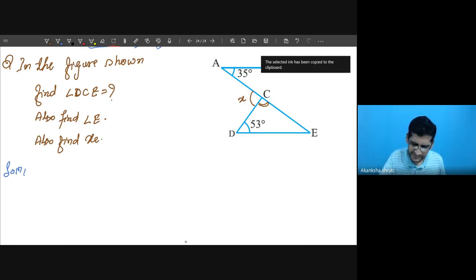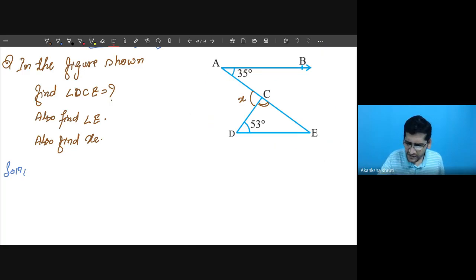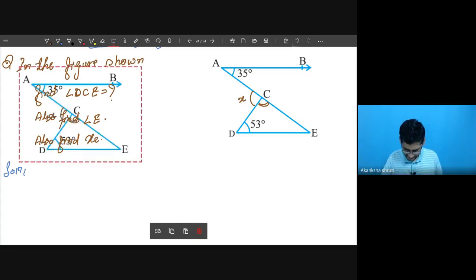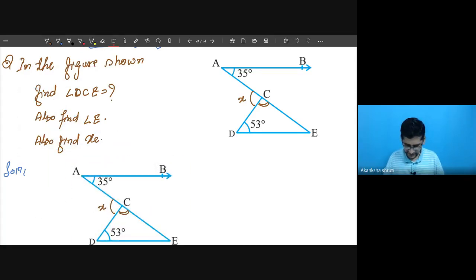So I have taken the figure once again for our rough work.